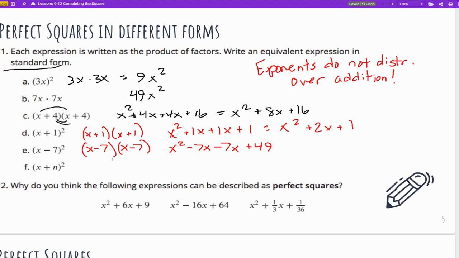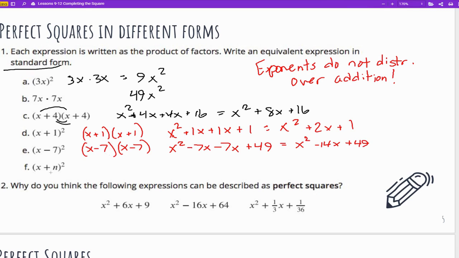Negative 7 times negative 7 is a positive 49. And we get x squared minus 14x plus 49. And just like before, we get a double middle term. So this middle term seems to be double the numbers that we had before.